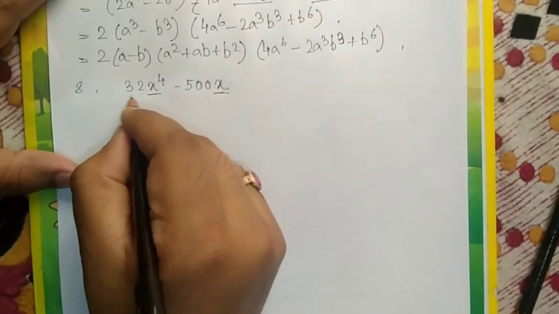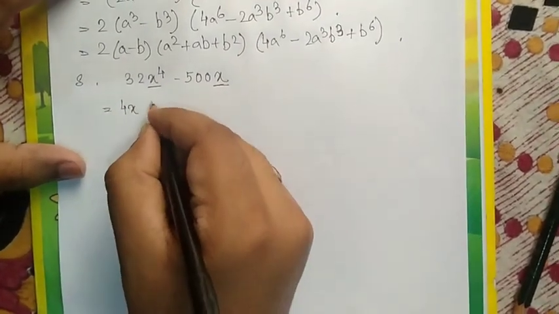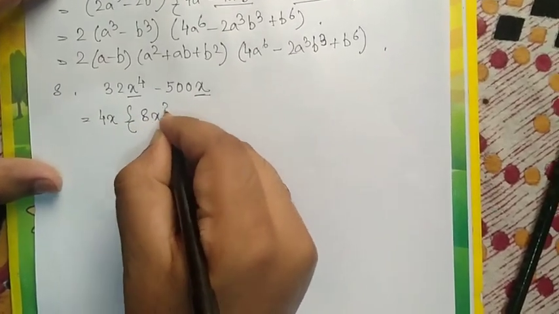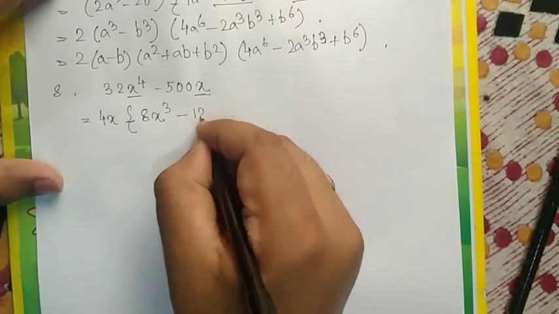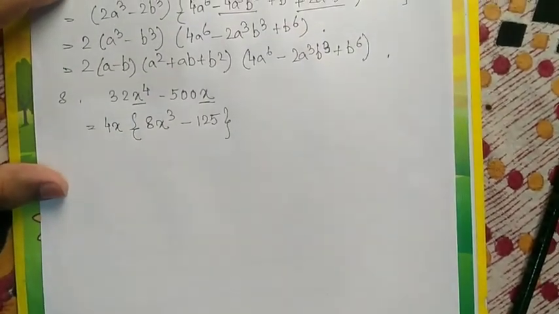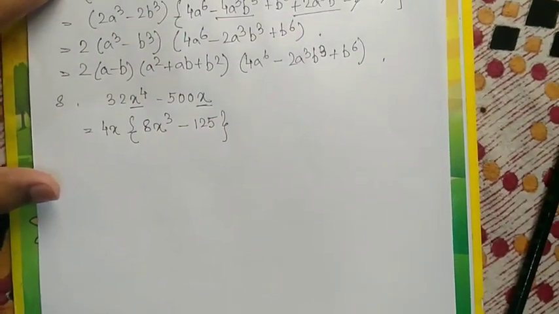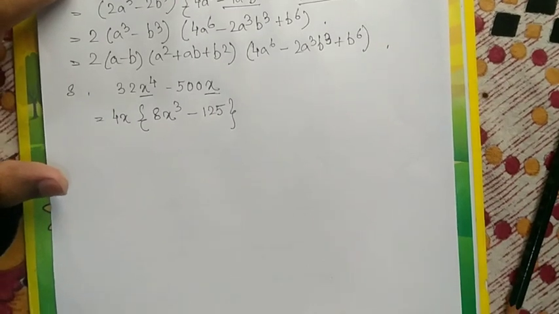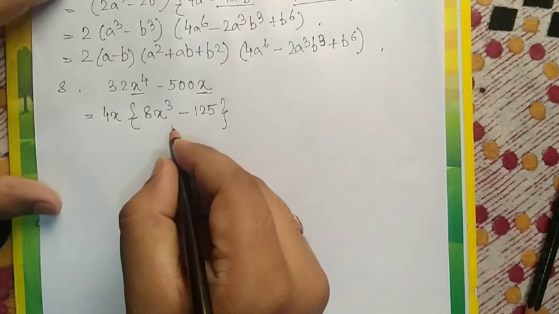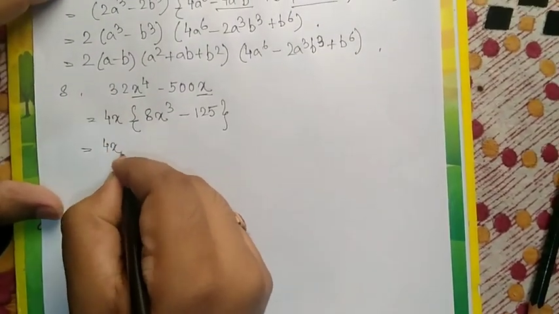If we take common 4x, the remaining should be 8x cube minus 125. Now this is a cube term, this is also a cube term. So in the algebraic expression of cubes, you have to take some common to put those values into cube terms.